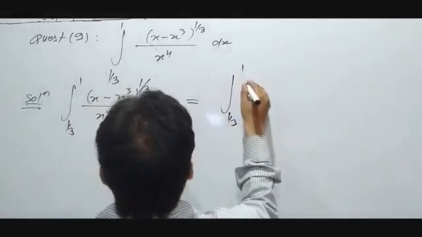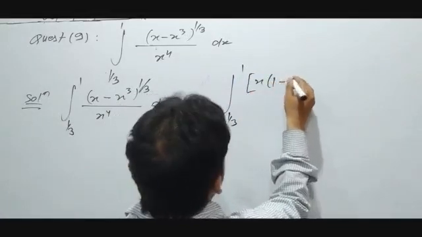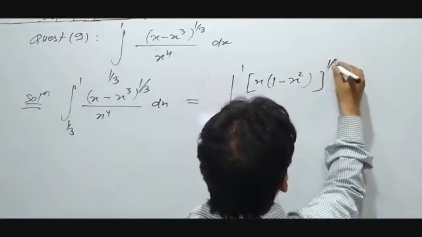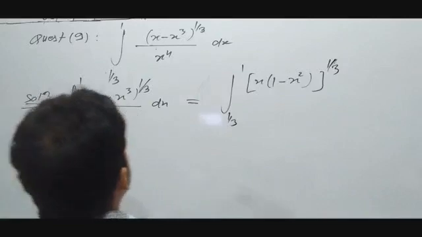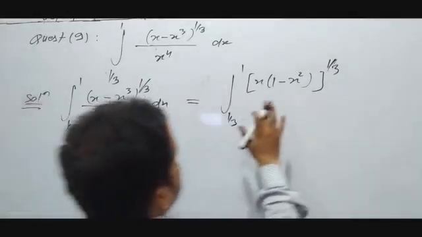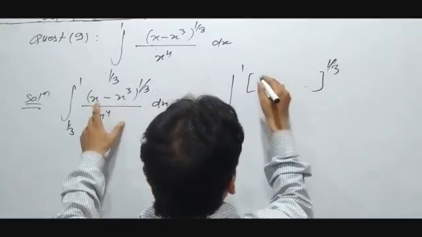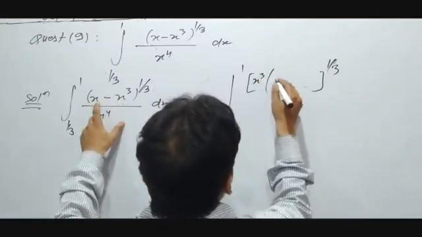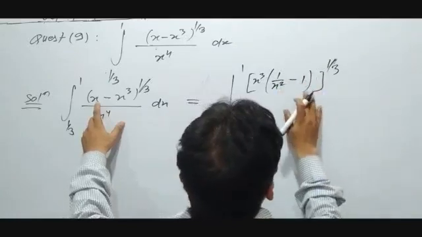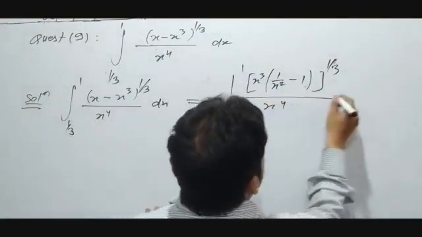Integration from 1 by 3 to 1, we are going to take x common, so x in bracket 1 minus x square to the whole power 1 by 3, and when you put x cube common, then you have to take x cube common. So the result will be 1 by x square minus 1, and the power is distributed, whole upon x to the power 4 dx.